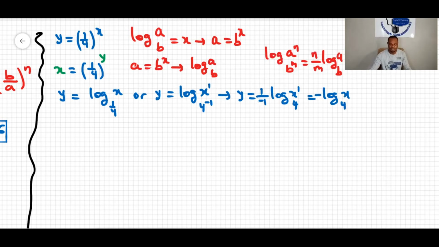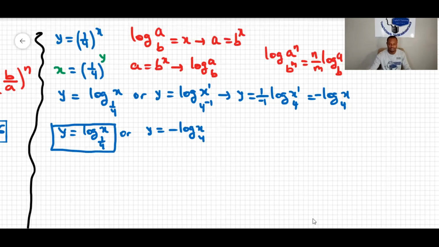So we can write y equal to log of x base a quarter, or we can also write y equal to negative log of x base 4. So the two are correct answers. You can write it this way, or the other way is still correct.